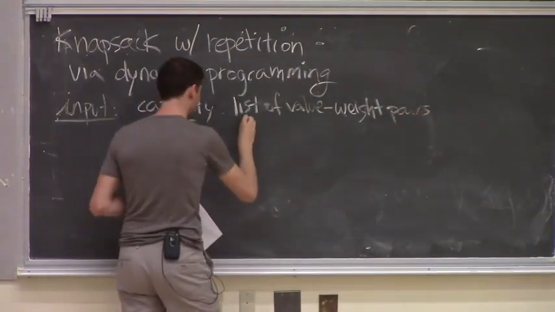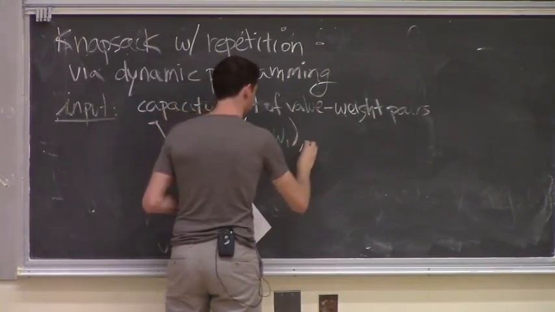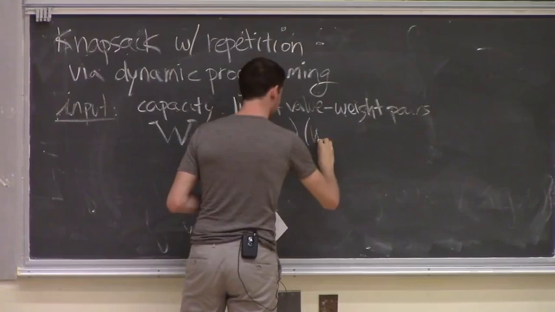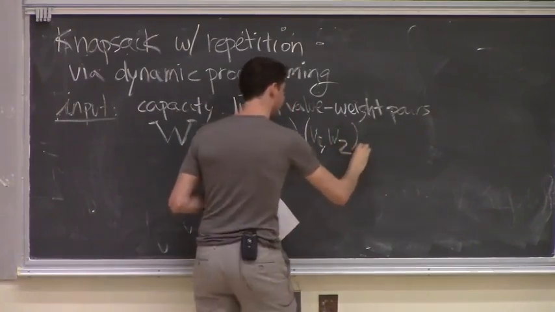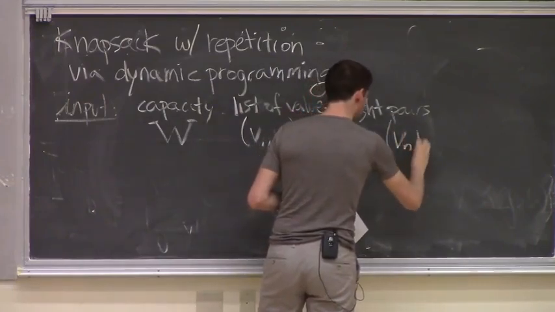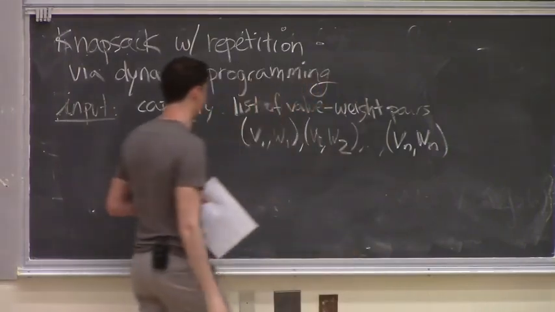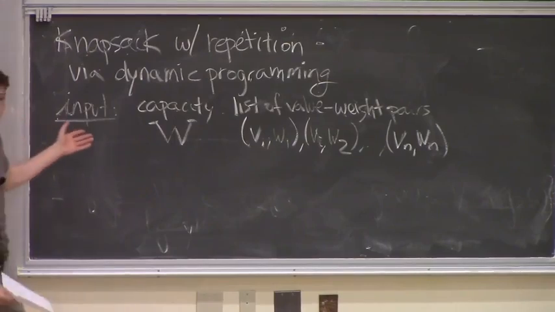So we get V1, W1, V2, W2, and so on up to Vn, Wn, where Wi is the weight of item i and Vi is its value. So this is the input to our problem in the general case.